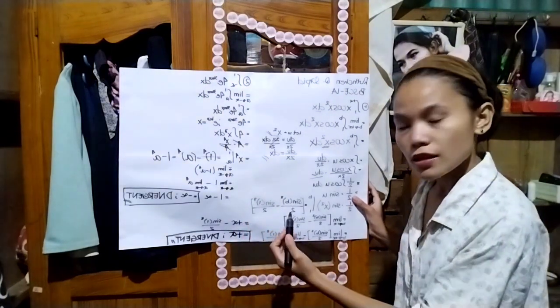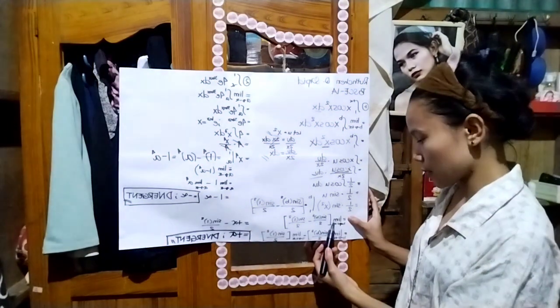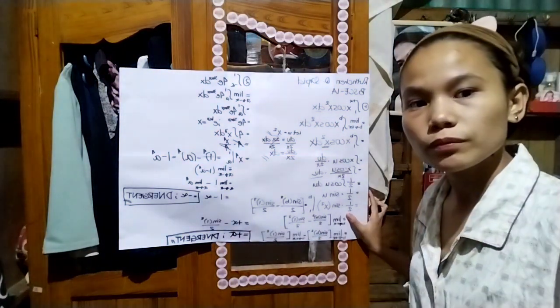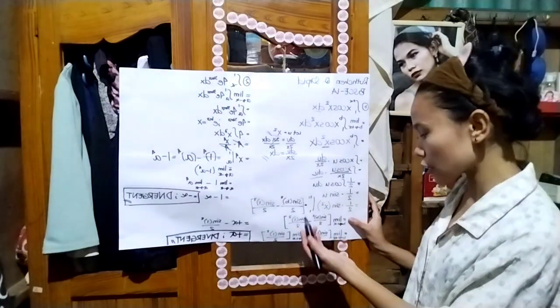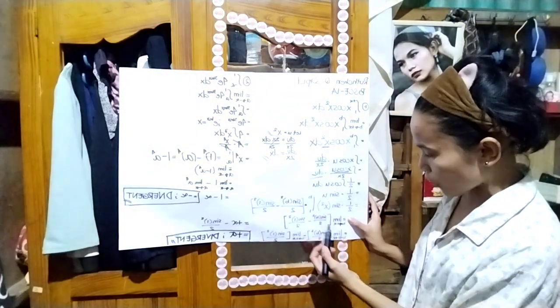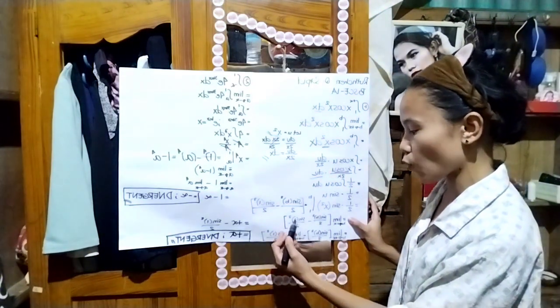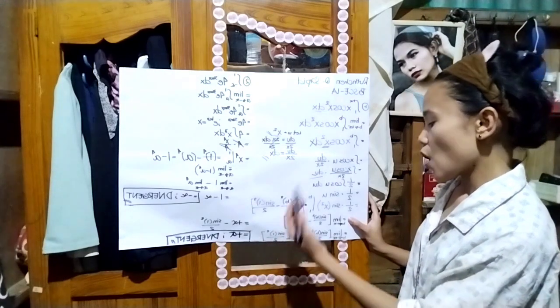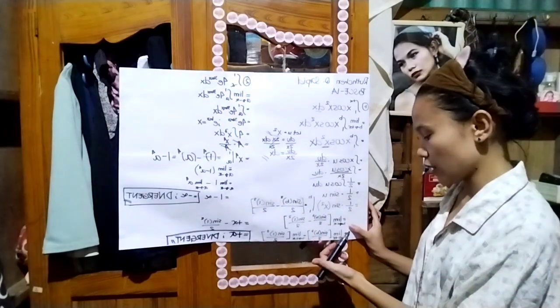Okay. Next, we apply the limit. The limit of sine b quantity squared over 2 minus sine 1 quantity squared over 2, such that b approaches positive infinity.